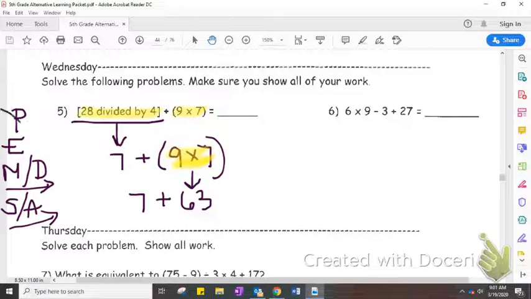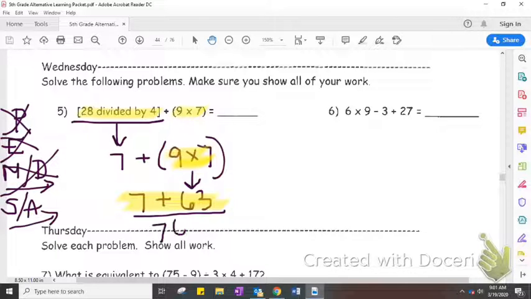Okay, so now I can cross out parentheses. There's no exponents, and there's no multiplication or division. There's addition, and it's actually just one thing to simplify. 7 plus 63 simplifies to 70. Okay, I'm going to go to the next one.